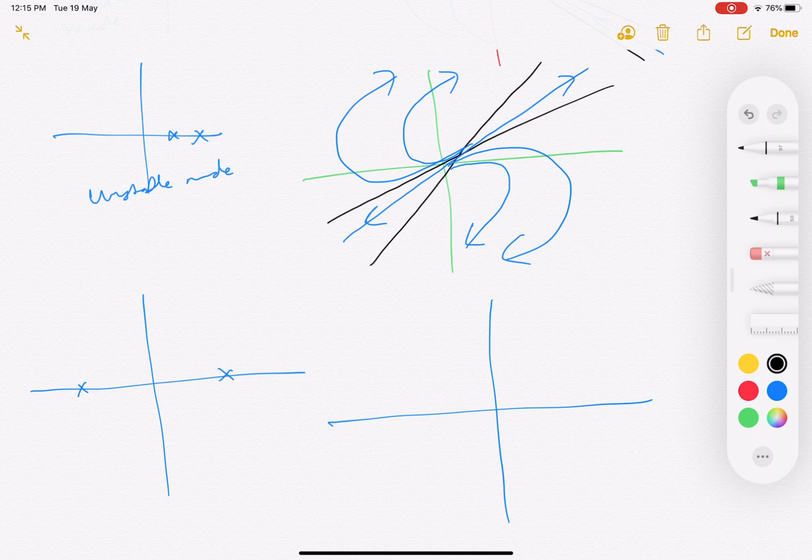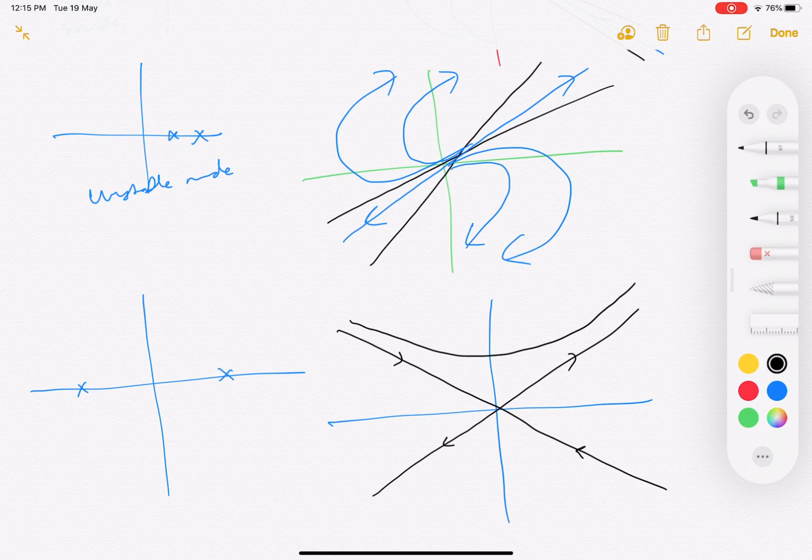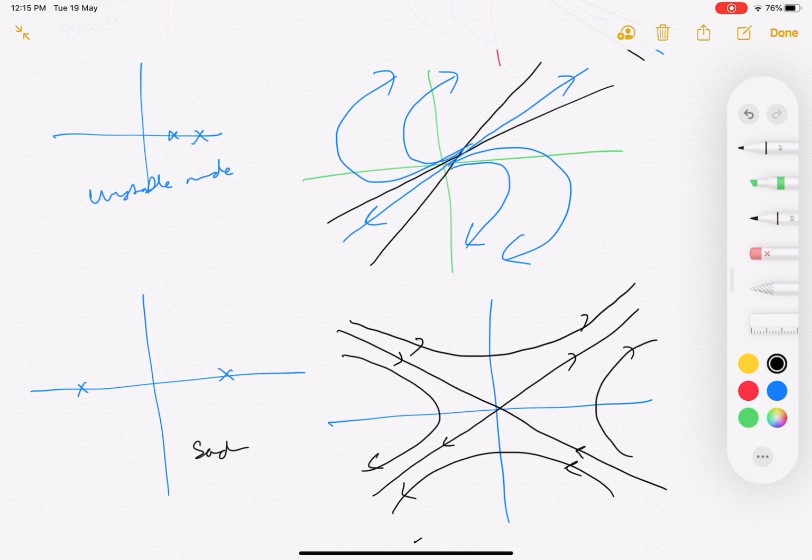In this case, the phase portrait is going to look like you have diverging lines here, converging lines here, and then you have the portrait like this. This is called the saddle point.